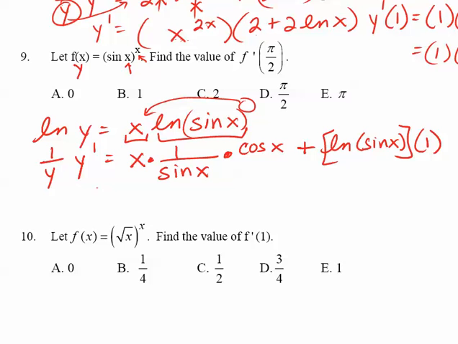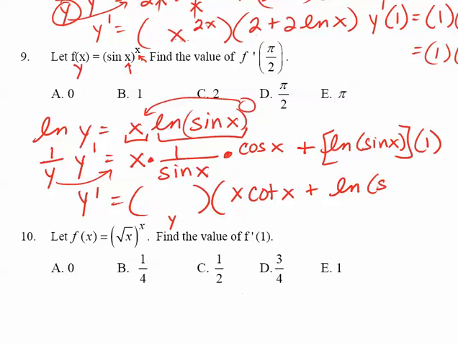So if we clean this up again, and we're going to bring the y to the other side, so I'll just leave a spot here to remind you that we're going to multiply y there, but I can clean this up as x cotangent x if you wish, and the natural log of sine of x, and our y is our original sine of x raised to the x power.